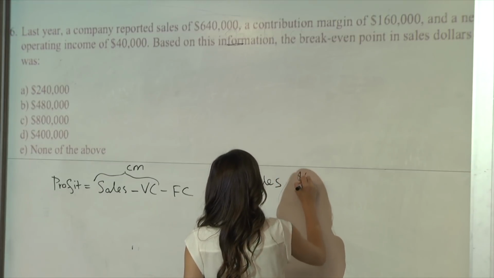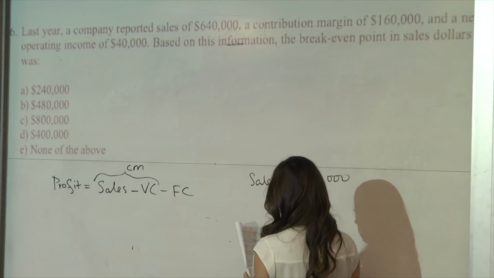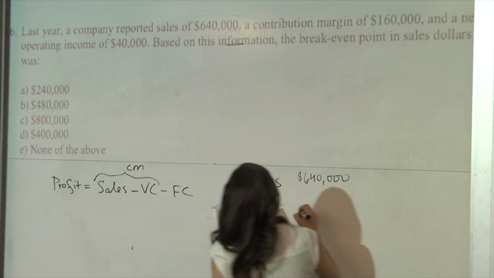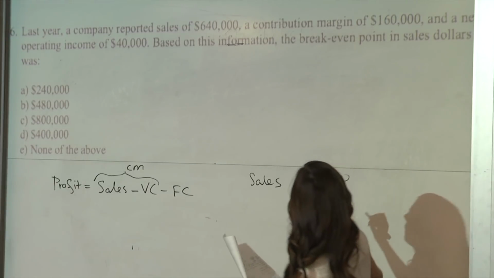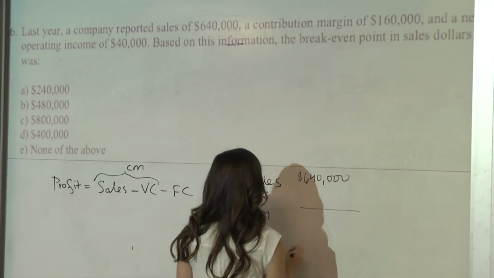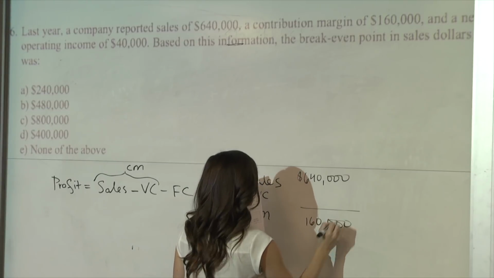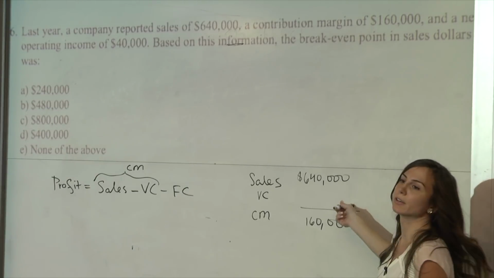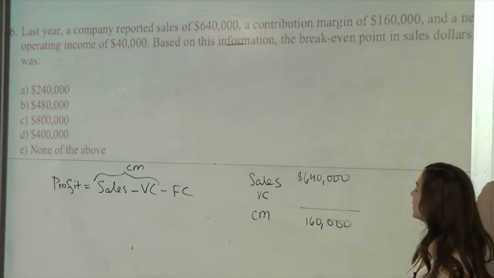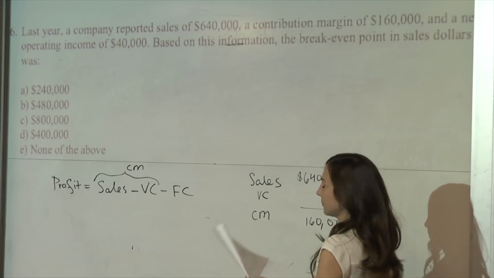Okay, sales of 640 is given. We were also given the contribution margin. We can figure out what the variable cost is just by knowing these two pieces of information, but we don't really have to do that in this question, and you'll see why.